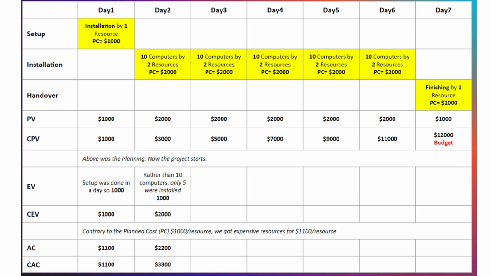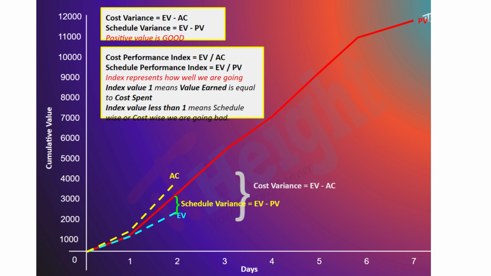Schedule Performance Index, SPI: EV over PV equals $5,000 over $7,000 equals 0.71. These metrics indicate the project is over budget and behind schedule. This example demonstrates how earned value analysis helps track project performance and provides insight for adjustments to get back on track.